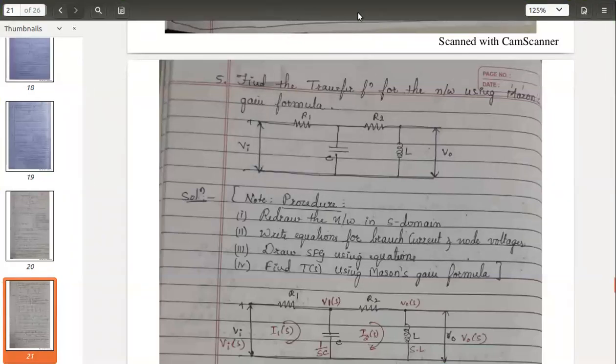If you see, the question is a little bit different. This kind of question we have seen while solving the first electrical networks, finding the transfer function of an electrical network. But the question is a little bit modified here. You should not directly apply the KVL, KCL, then use the Laplace transform.